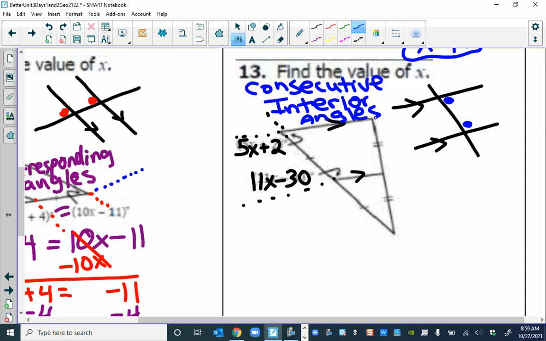Cool. 180. And especially if you still need to do that test, that's another relationship you have to know. Consecutive interiors add up to 180. And that's going to be something we're dealing with all year.